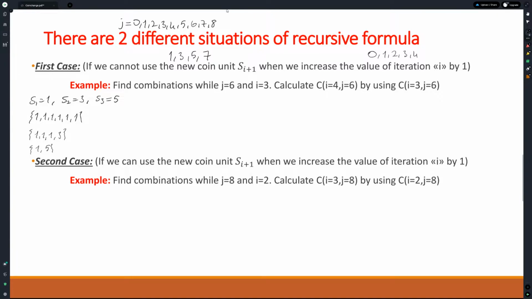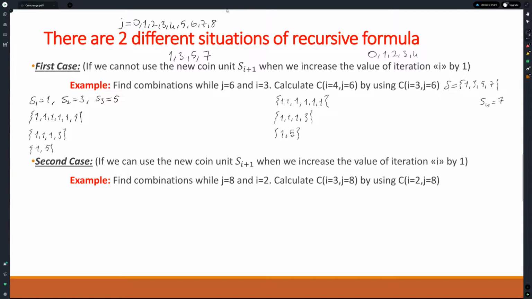Using these samples, let's calculate another combination, that is C4 and 6. If I is 4, we have all coins, 1, 3, 5 and 7. We can rewrite the same combinations we found here. There is a different example. What is different? The difference is the new coin, S4.